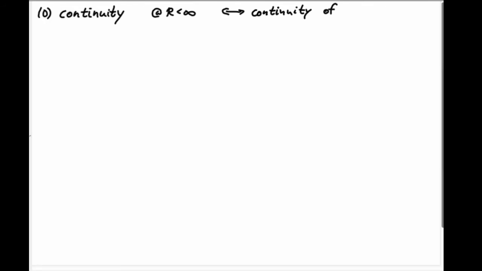For example, I should have continuity of not just FR, but probably its derivatives with respect to R. We'll get there. We'll need that at a later point anyways. At R equal to infinity, this is the weird thing. For R finite, I get my solution from the Newton iteration, and for R infinite, I do nothing. So there I really need to compare the Newton method to something else.